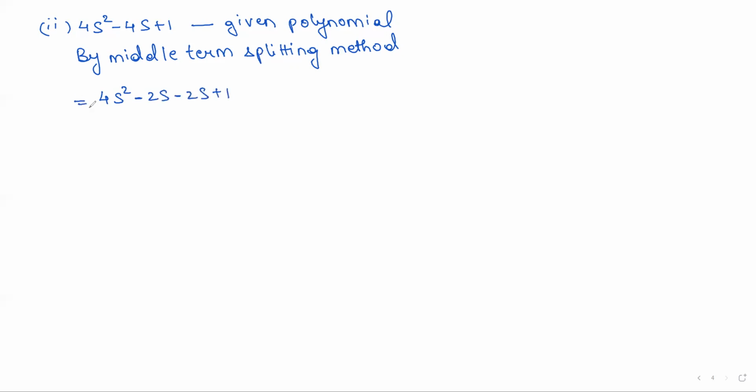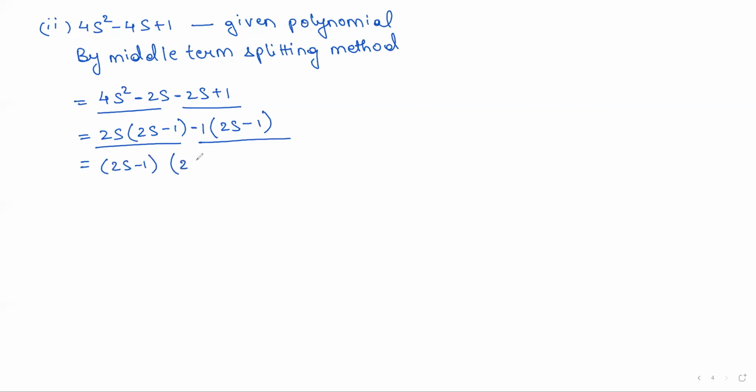Your given expression is equal to, taking 2s common, 2s(2s minus 1). Here you can take minus 1 common and you're left with minus 1(2s minus 1). This is your first term, this is your second. Amongst the two terms, 2s minus 1 is common and you're left with 2s minus 1. So this is 2s minus 1 whole squared.